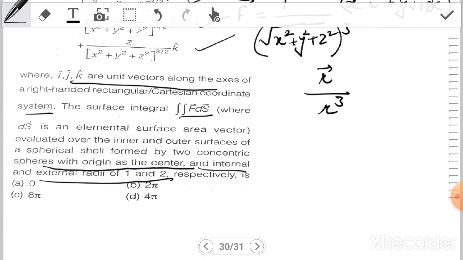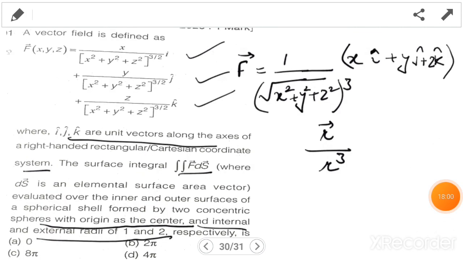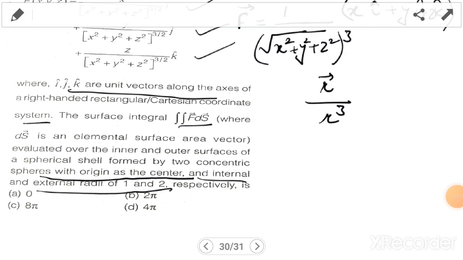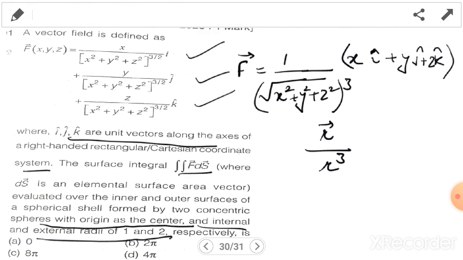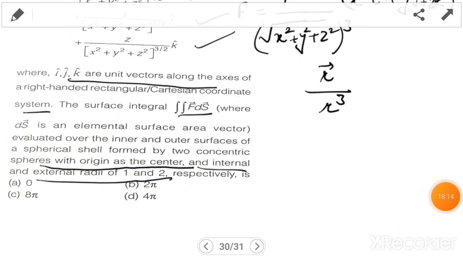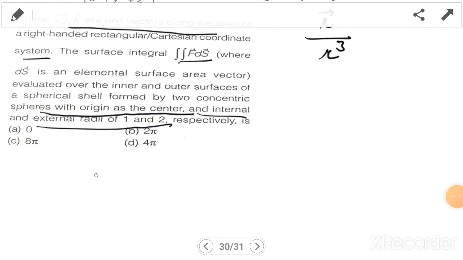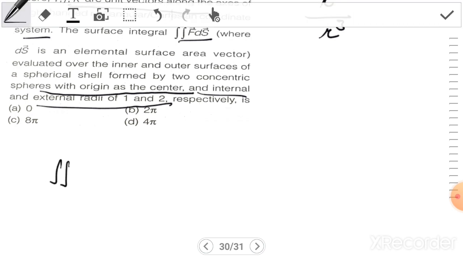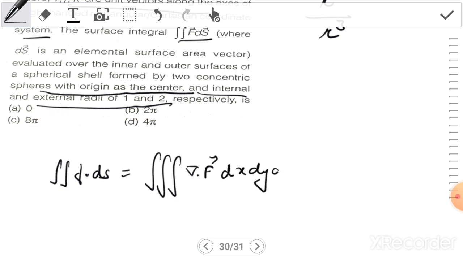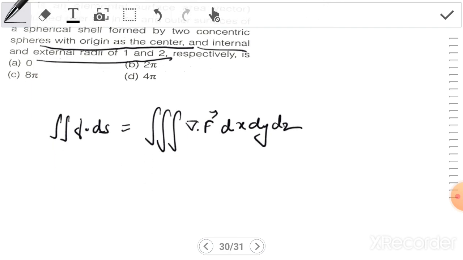So now, from Gauss divergence theorem we have the surface integral of F dot dS is equal to the volume integral of del dot F dx dy dz over V. So we need to find the divergence of F here.